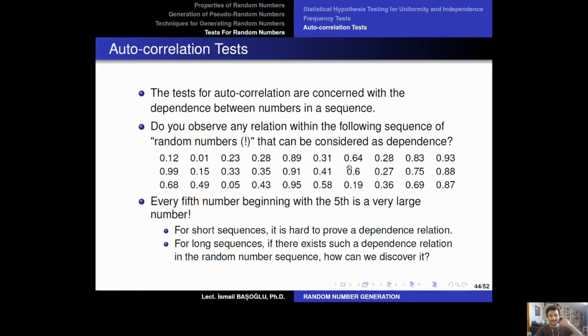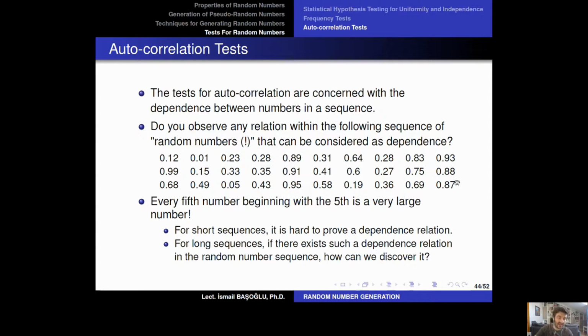So there is not a statistical dependence here, but if you check carefully, every fifth number, the fifth number, which is 0.89, the 10th number, 0.93, 15th, 20th, 25th, and 30th number, is a very large number, very close to 1.